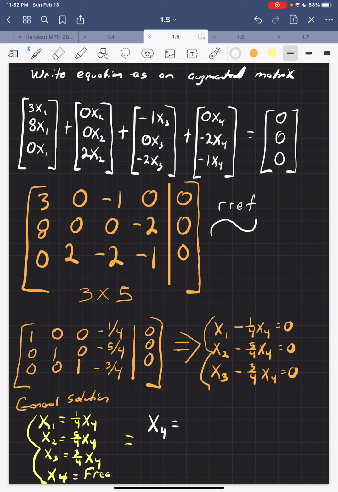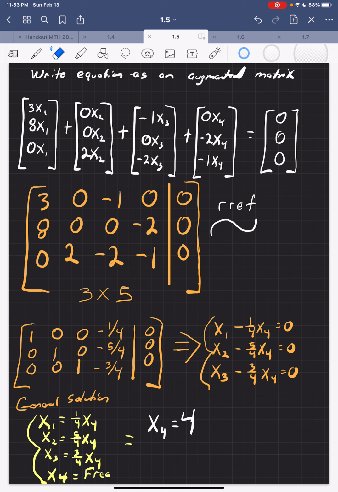But you must choose an x sub 4. I'm just going to choose the smallest whole number, since we don't want to talk about half of an atom. So I will choose 4, because the denominators are all 4, which should make my math easier.